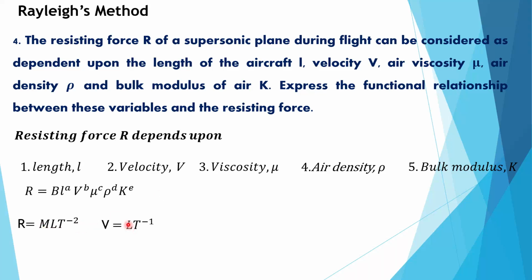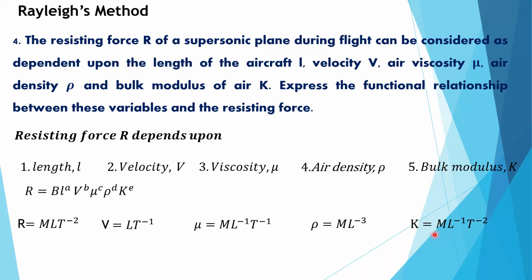Velocity, distance by time, L by T, or L T power minus 1. Viscosity, M L power minus 1 T power minus 1. Density, mass by volume, M by L cube, or M into L power minus 3. Bulk modulus is M L power minus 1 T power minus 2.